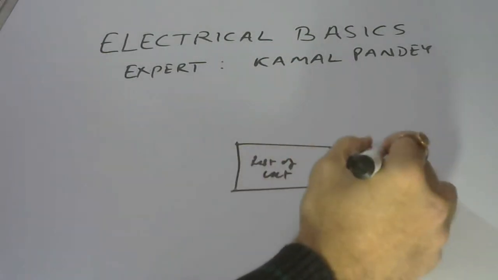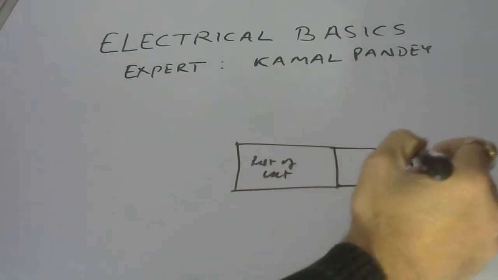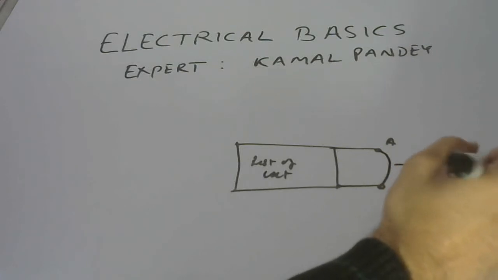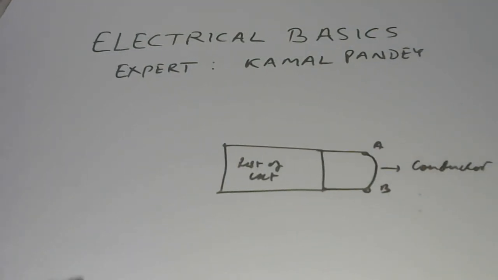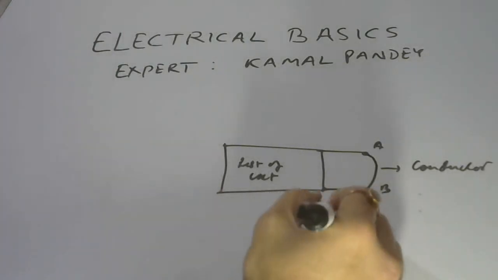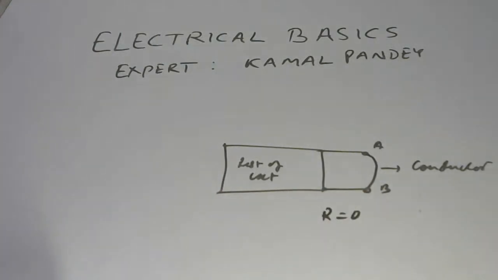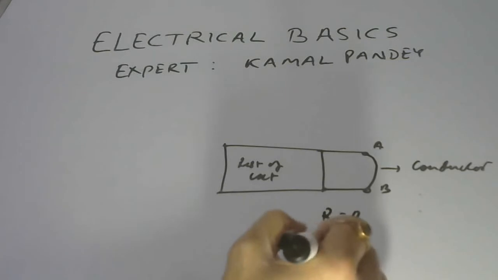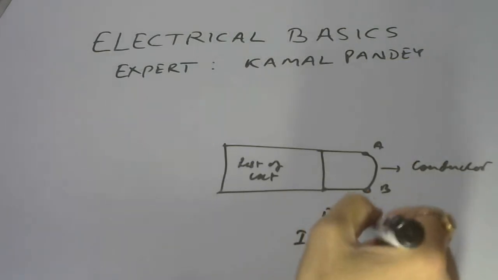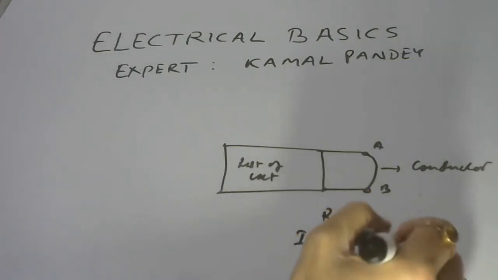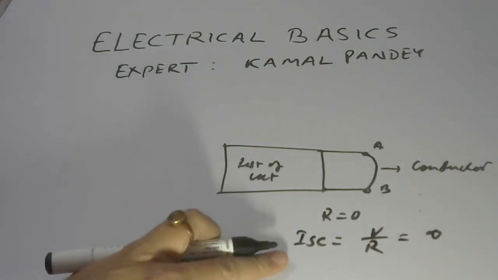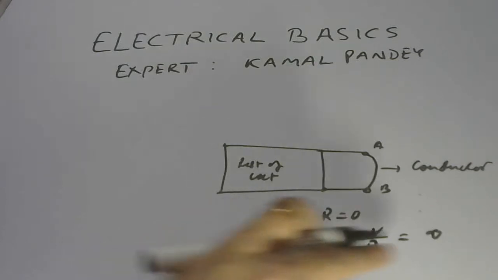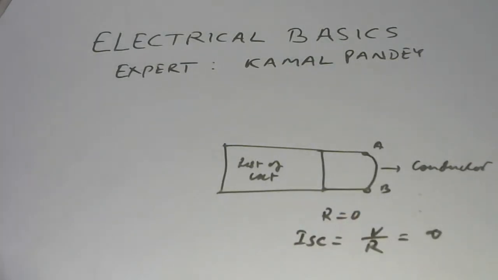Now we short it with the help of conductor. So R equal to 0, ISC short circuit current V upon R, that is infinity, since R is 0. That means at the shorted part, very large amount of current will flow.